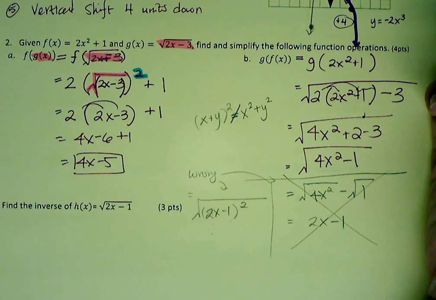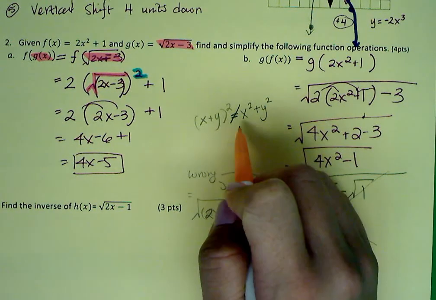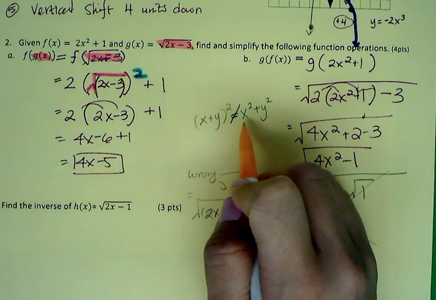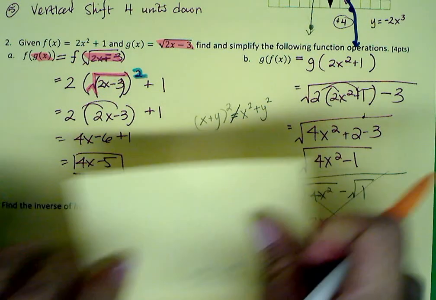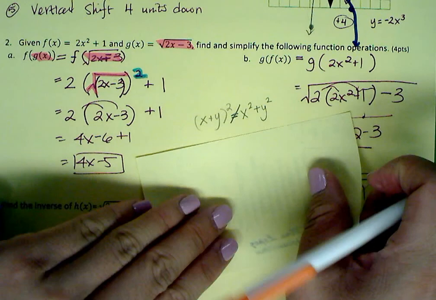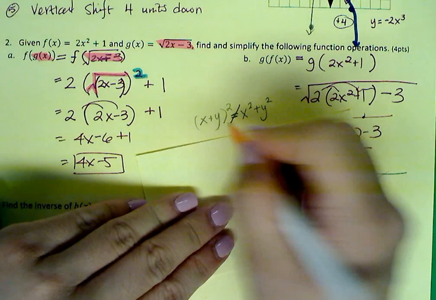Okay, all right. When you're not sure of something, what you always should do is try it with numbers. Because x and y are just, at the end of the day, regular numbers. Right? So let's try it. 3 plus 2 squared. We want to know, does that equal 3 squared plus 2 squared?